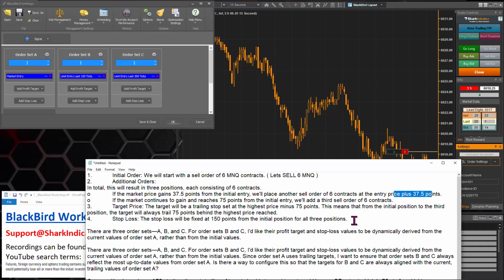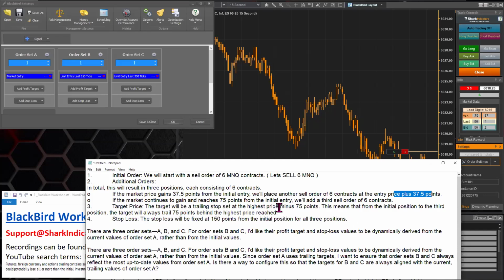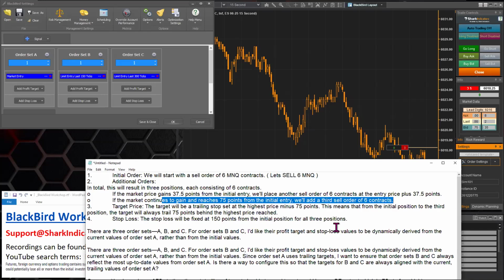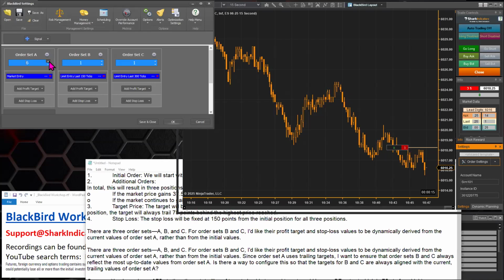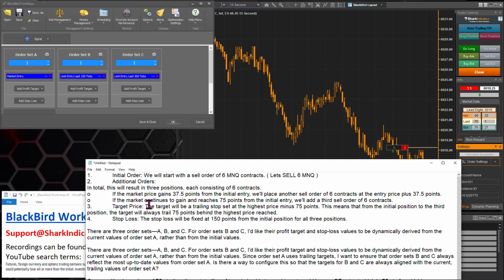Here is the next scaling here. And all of these are 6 contracts. Now, of course, you can just go in and set the number of contracts as you see fit. That's easy to adjust. So I'm just going to leave it at 1 contract there.